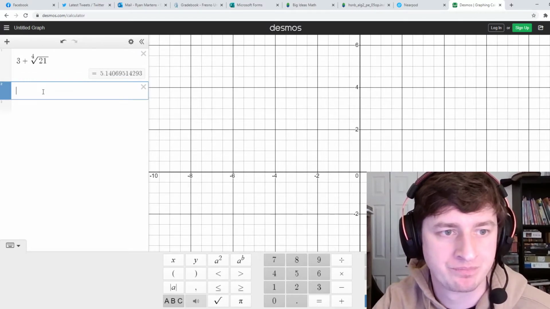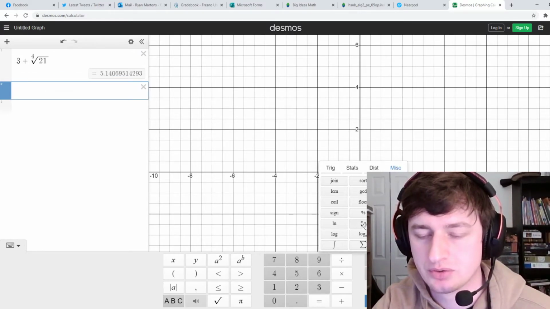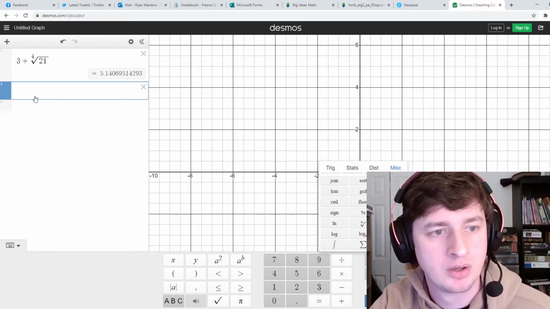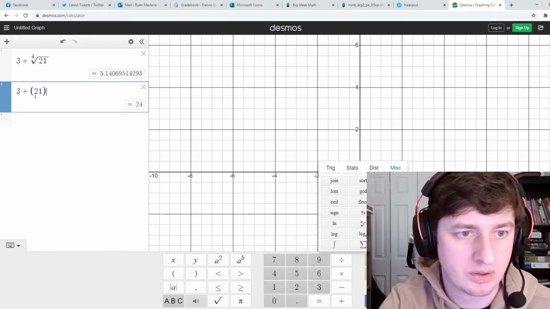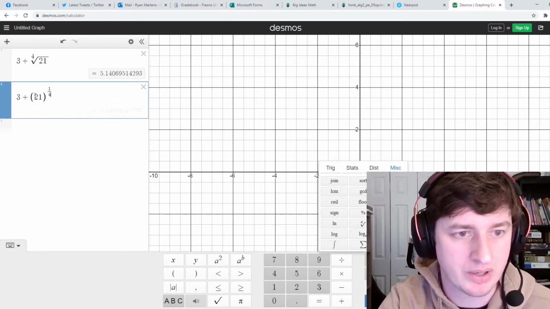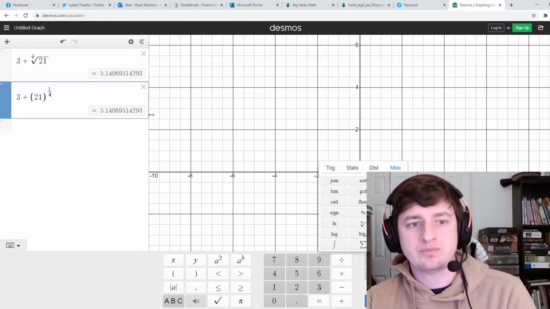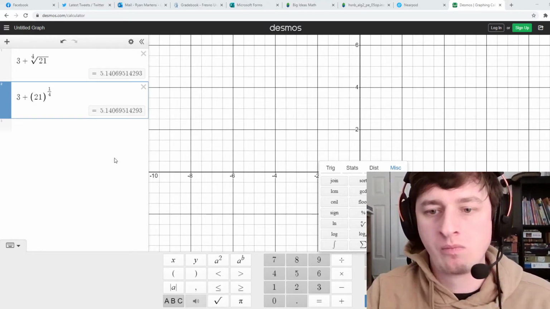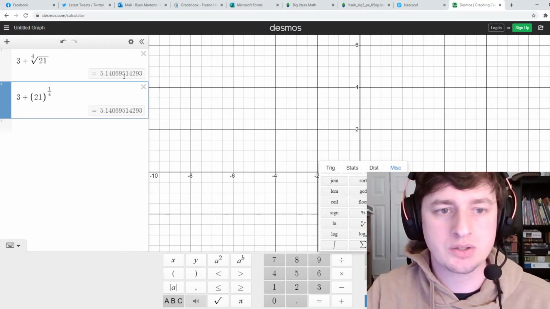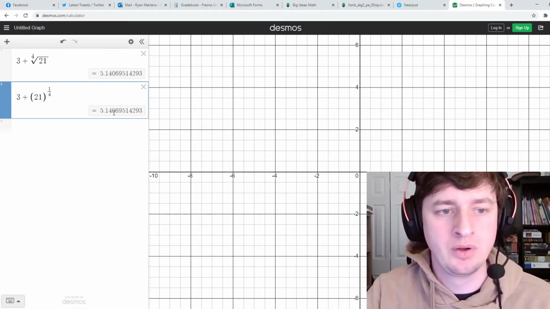The other way to do this, if you cannot find the function and then miscellaneous button to do the nth root, would be to do 3 plus 21 raised to the quarter power. Right? That's the same thing. So, we get 5.1 going on forever.